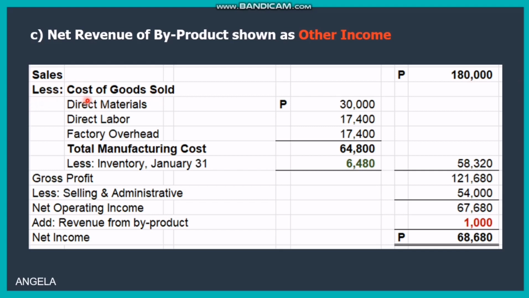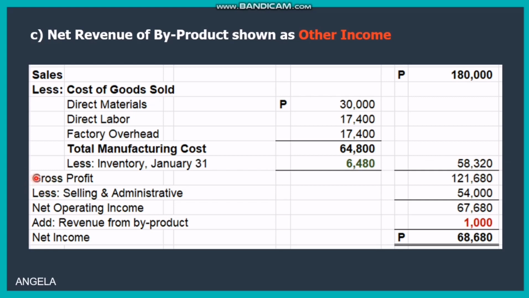Okay. Again, sales of main product na 180,000 pesos, ililess natin sa cost of goods sold na consist ng direct materials, direct labor, and factory overhead with a total manufacturing cost of 64,800. Ililess natin sa inventory na nakuha natin from letter A na 6,480, mag-arrive tayo sa cost of goods sold na 58,320.